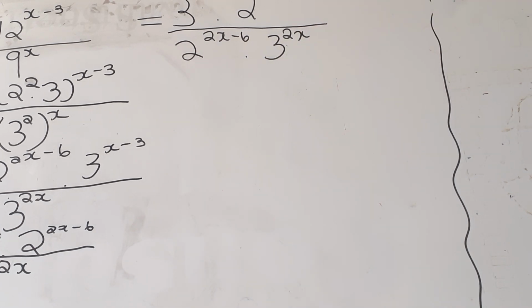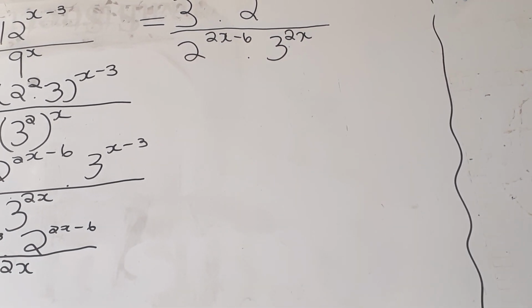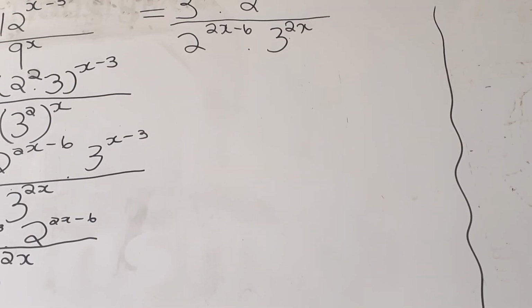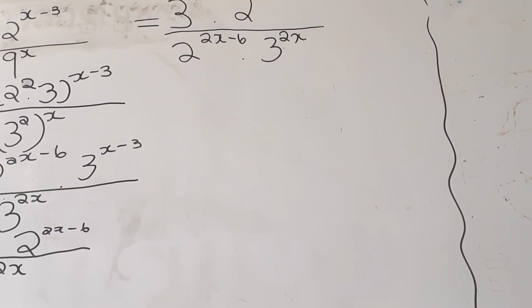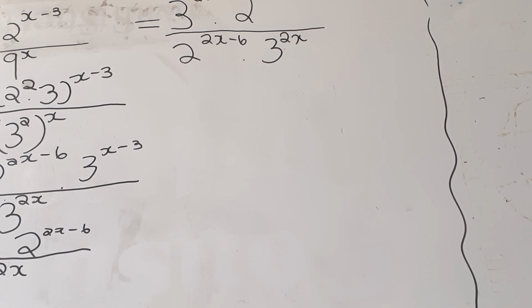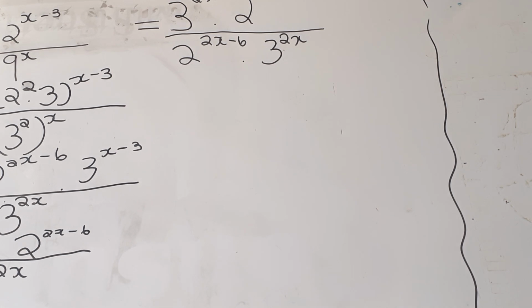So if you can remember, guys, the laws of exponents say when the bases are the same and you have a division sign in between, you minus the exponents. So everything is common now.